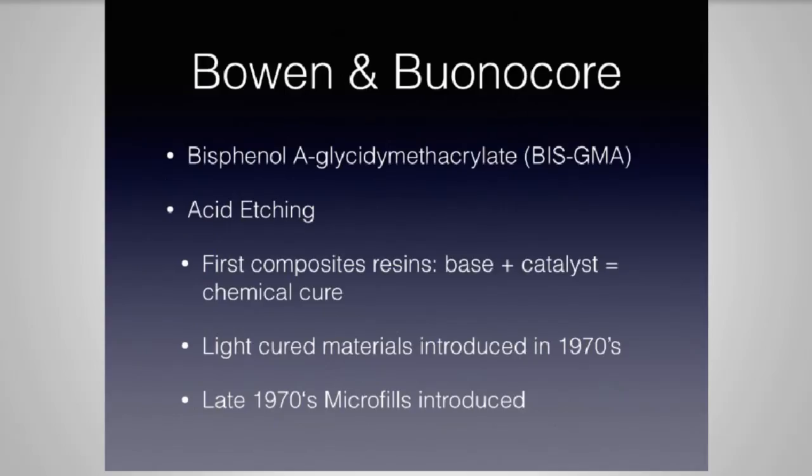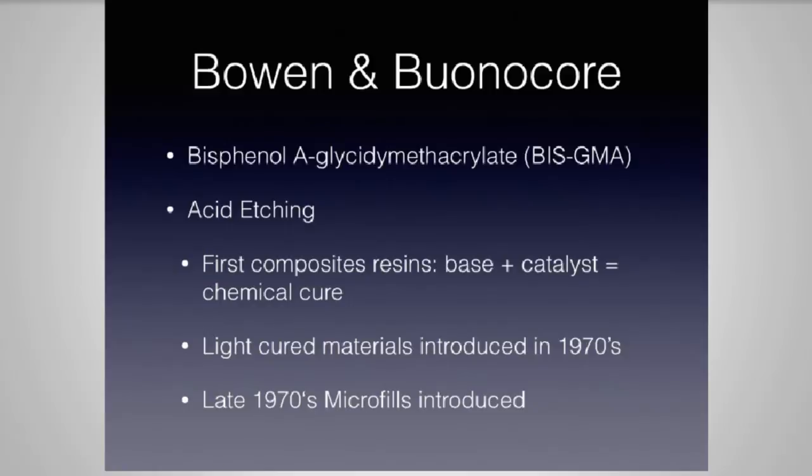It's interesting to note that the independent work of Bowen in the discovery of bis-GMA and Buonocore with his work with acid etching of the tooth structure to enhance the enamel bonding process is what started us on the track for using composite restorative materials today. As materials were initially created and used, they, of course, had the chemical base catalyst material mix that all of us used back in the early 80s and when I was in dental school.